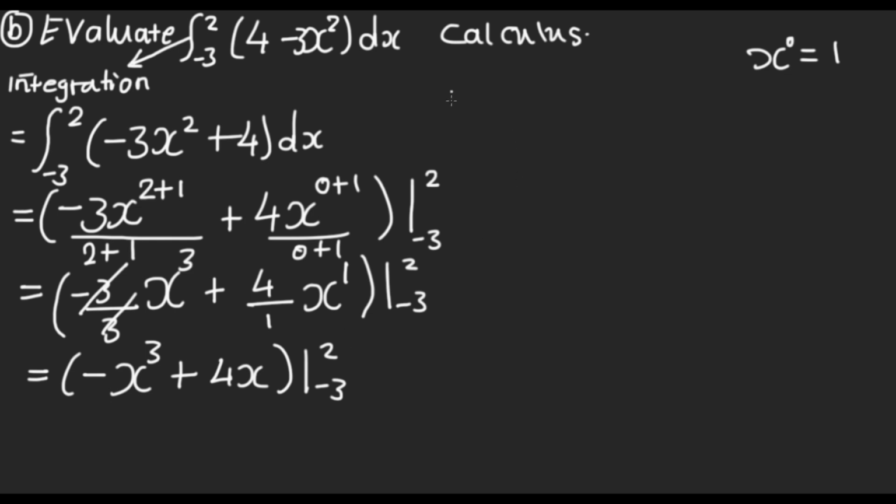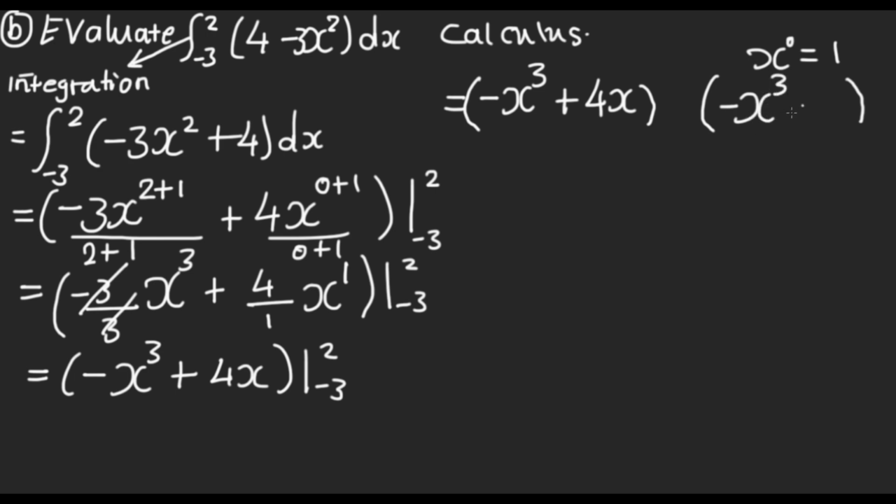Then what are we supposed to do? I'm going to open 2 pairs of brackets. In each pair, I'm going to write the exact expression that we have found here. So we have negative x raised to the power 3 plus 4x, here negative x raised to the power 3 plus 4x.